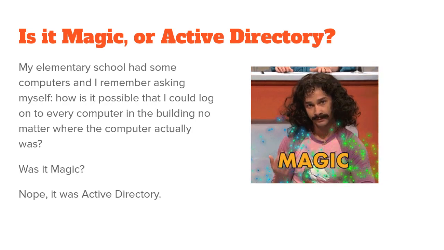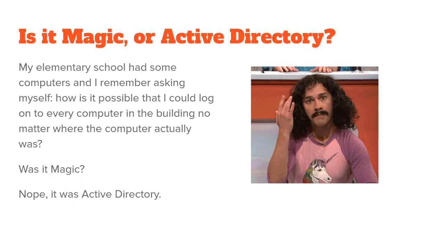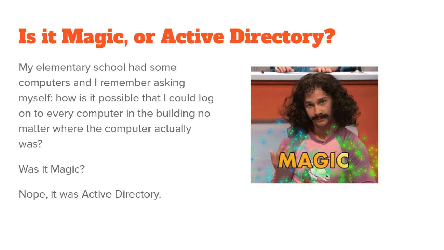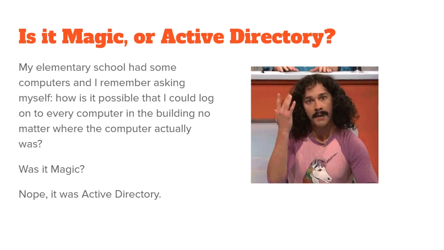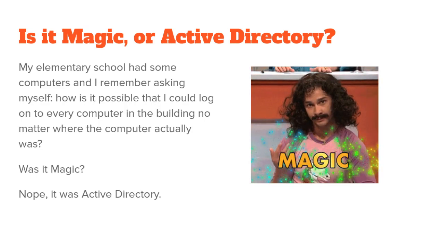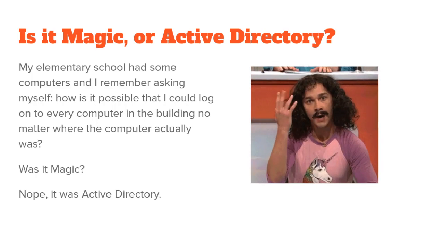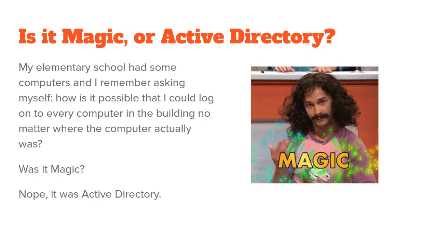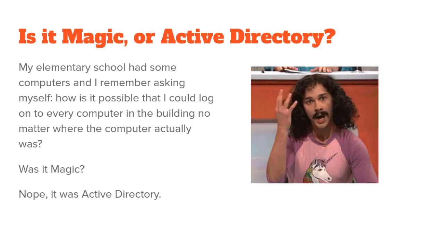And I always thought to myself, how is it that I could log on to the computer in one room when I don't actually have a user on that computer? It's not like my home computer where I have a user on it. It's kind of magic. I can log in here in one place, and I can log in in a completely different place.